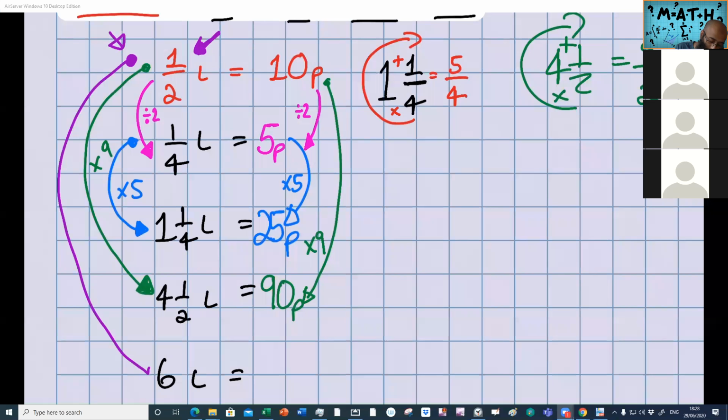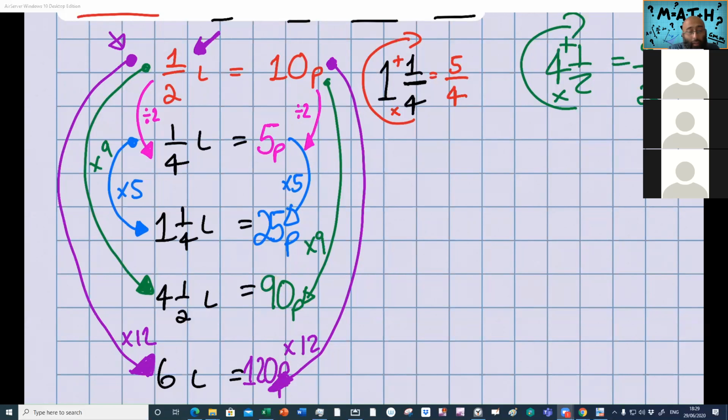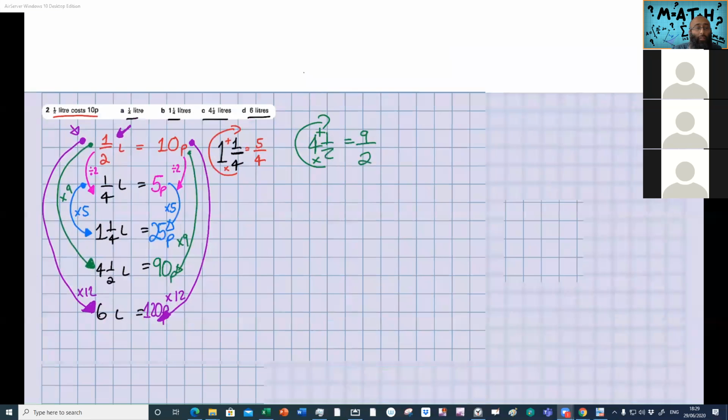So then you times it by 12 to get to 6 liters. So you have 10 times 12 is? 120. 120p. Okay, that's the end of that question.